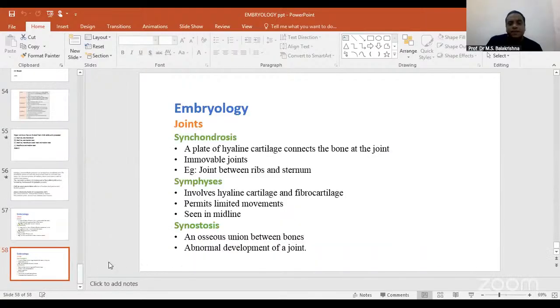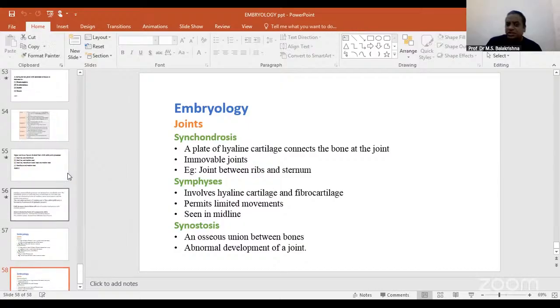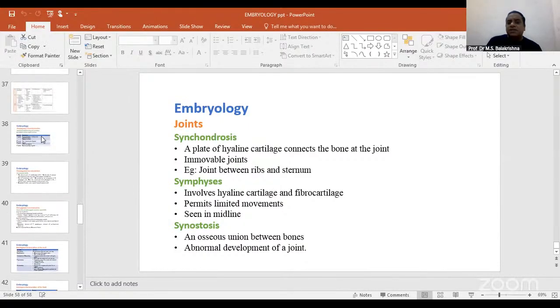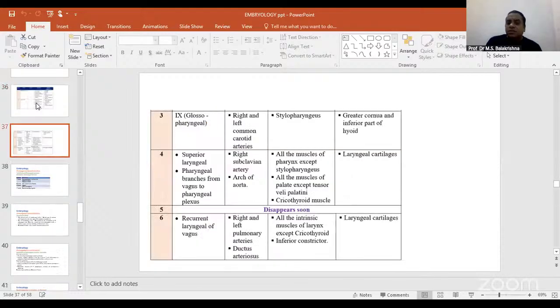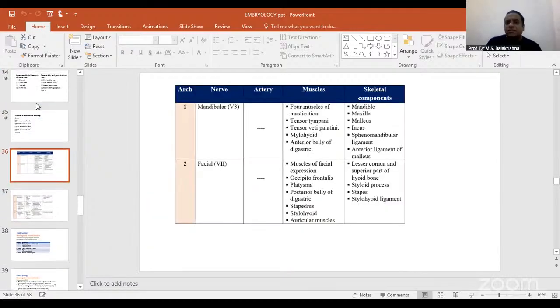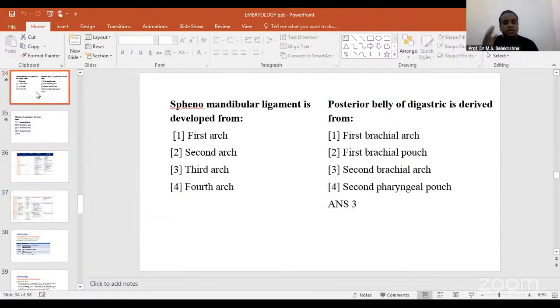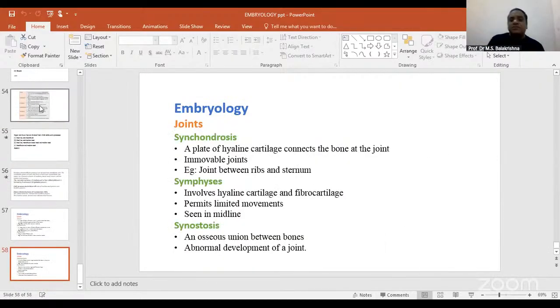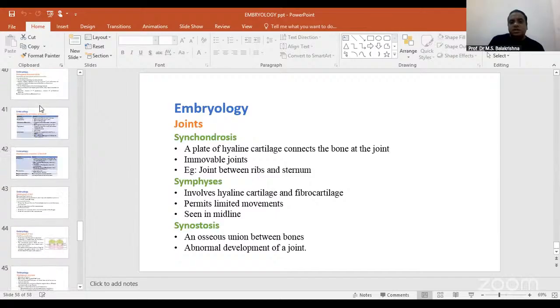Okay. Next, what we have discussed so far: we have discussed fertilization, right? The different terminology, and then blastula, morula, notochord, primitive streak, and then the formation of the pharyngeal arches and their derivatives.